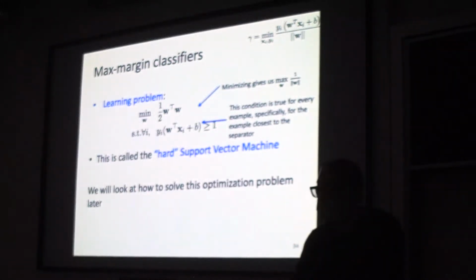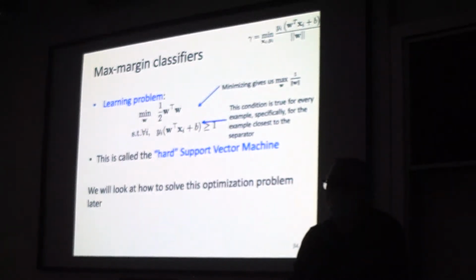Is it realistic? No, of course not. It's too strong. Remember, we cannot assume all real-world training sets are linearly separable. For many training sets, what if they are not linearly separable, or even almost linearly separable?